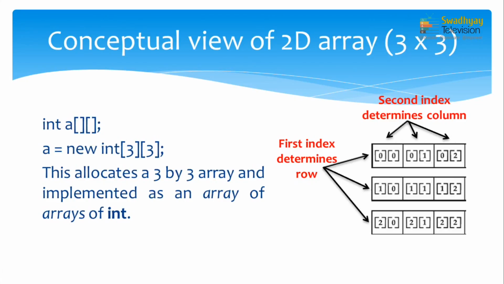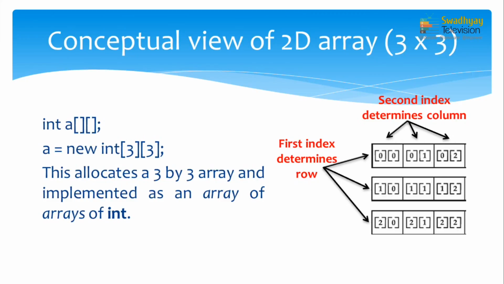So, we write A is equal to new integer and we write 3 by 3. The first specifies the number of rows and the second specifies the number of columns. So, on screen you can see we have 3 into 3, that is 9 elements allocated for this array, and it is represented by these 3 rows and 3 columns.